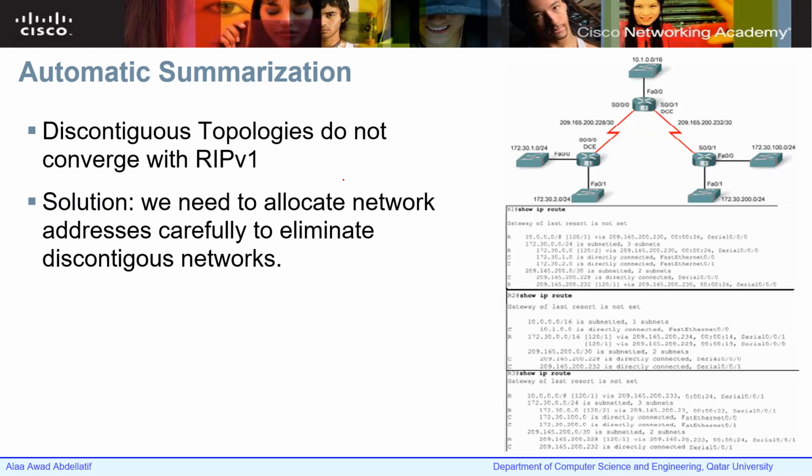A discontiguous network or discontiguous topology like this causes problems for RIP and may cause RIP not to converge. In some cases, RIP can't converge in some discontiguous networks. One solution to avoid this is to allocate the network addresses carefully to eliminate a discontiguous network. For example, this IP address, we shouldn't include here. It's better to use another IP address.